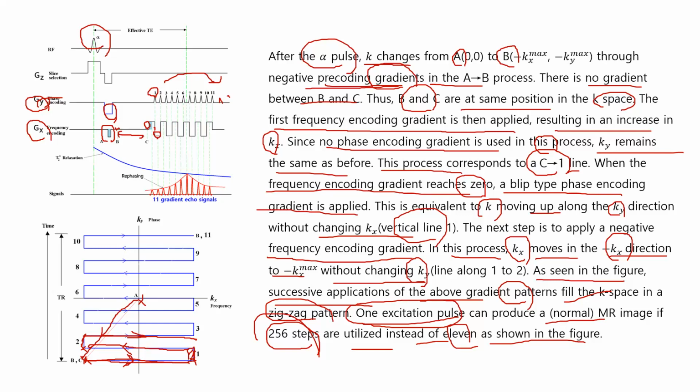Then we can have 256 MR signals instantly at once, so we can obtain an MR image just for one excitation pulse. And scan time for an MR image becomes very short.